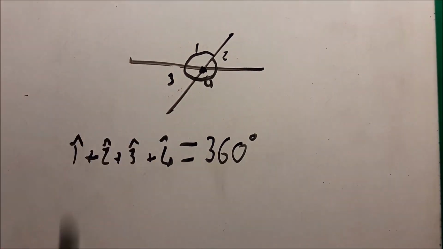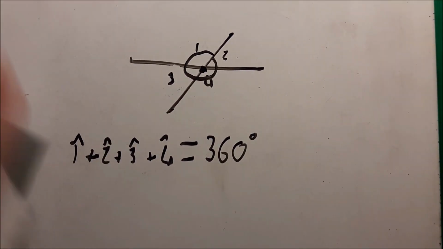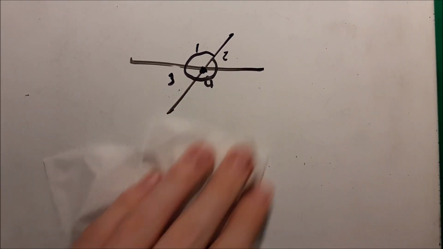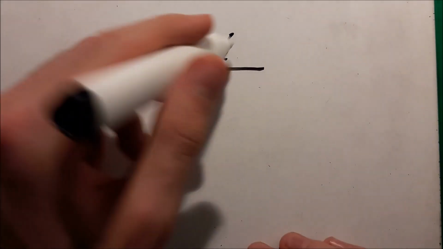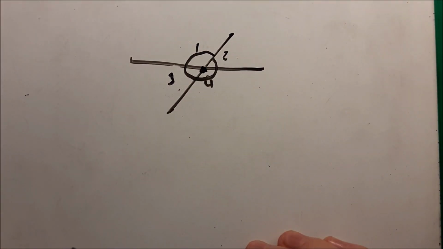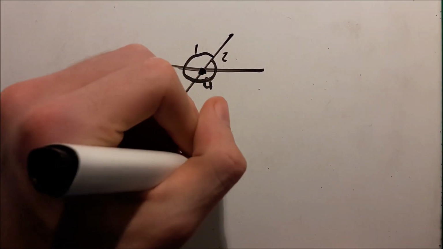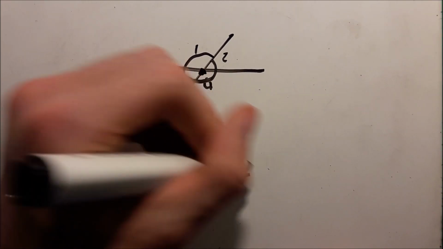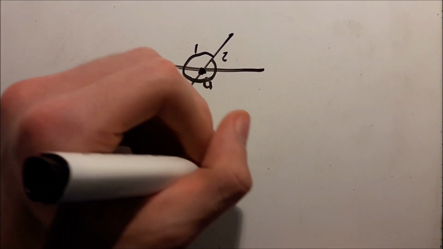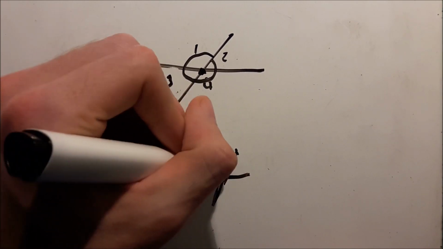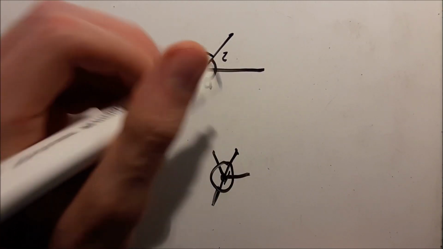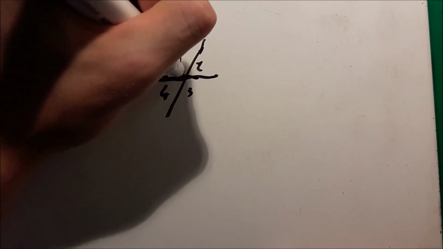But now there's also another thing that we can look at. That was angles around a point, but we can also see that this is two straight lines. If we look at this, there's a straight line and there's another straight line.